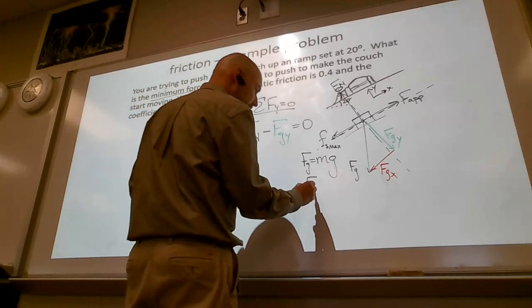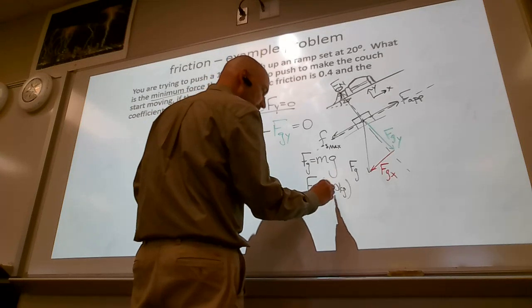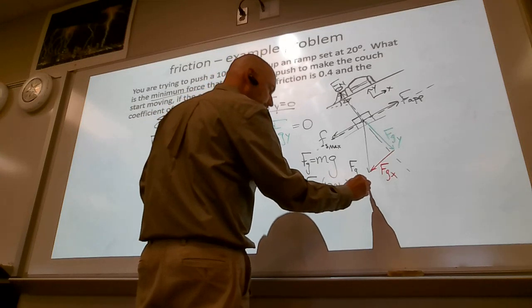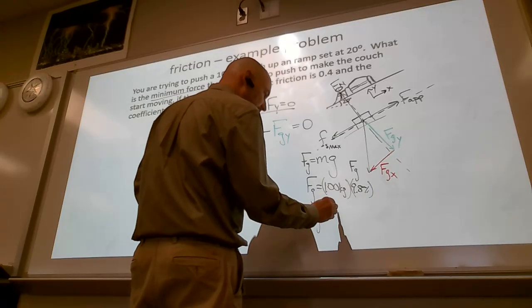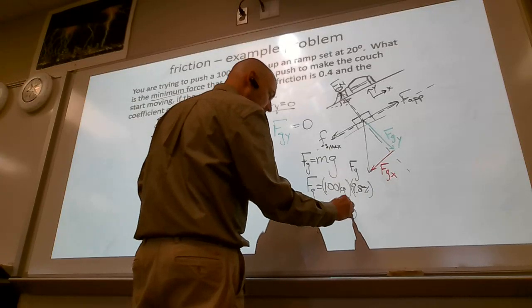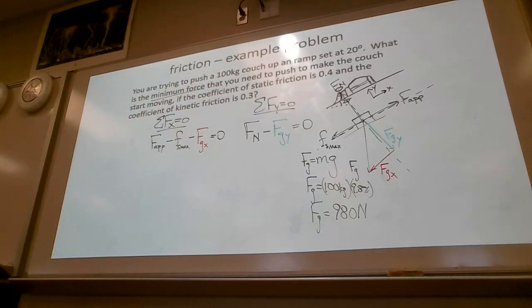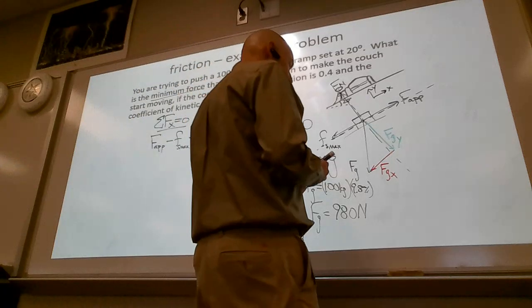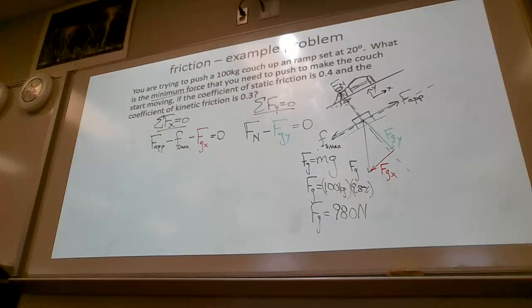Okay, so force of gravity is equal to 100 kilograms times 9.8. Force of gravity is equal to 980 newtons. Good? So, tell your neighbor how you're going to find the red FG of X with 980.